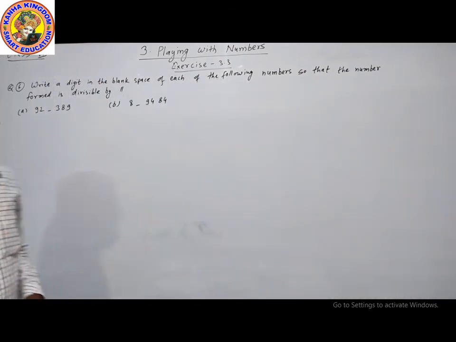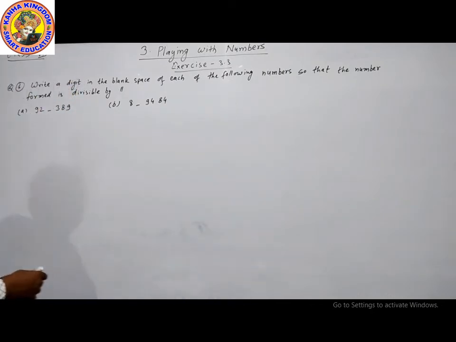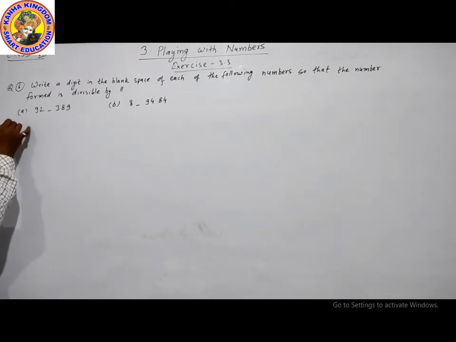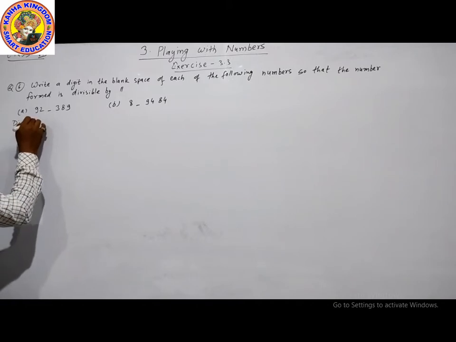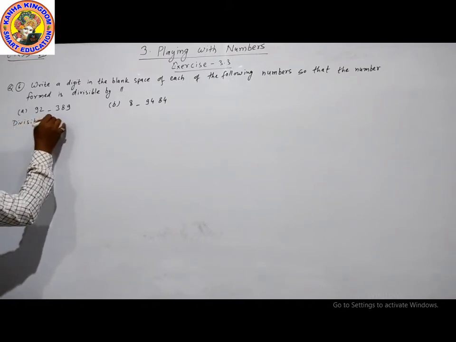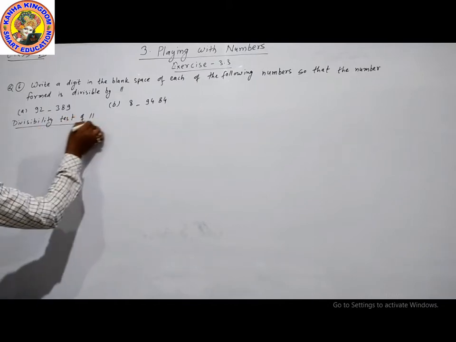Our next question is question number 6. Write a digit in the blank space of each of the following numbers so that the number formed is divisible by 11. First of all, the divisibility test of 11.